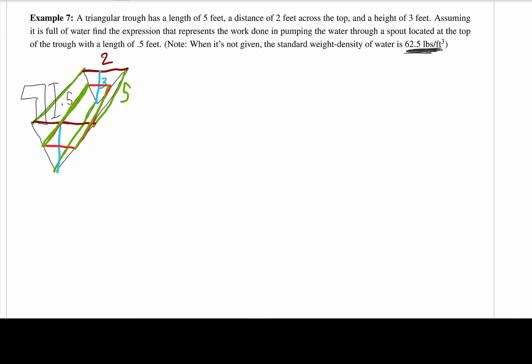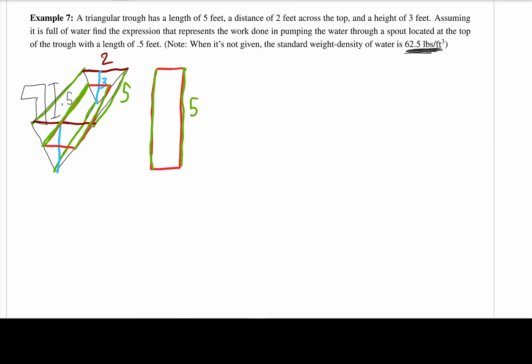What I'm going to do here is take this and just pull it. So this is the rectangle that we have inside the trough. I want to start labeling what we have. These are both 5.